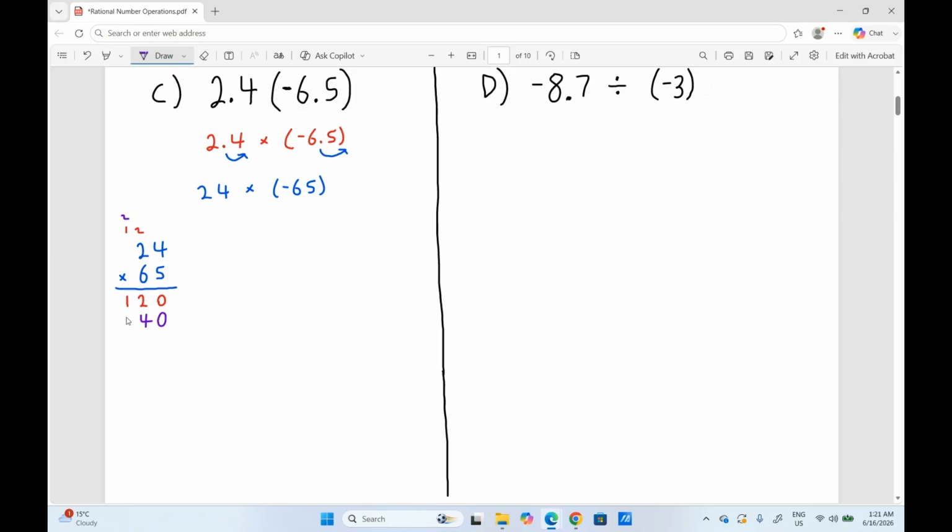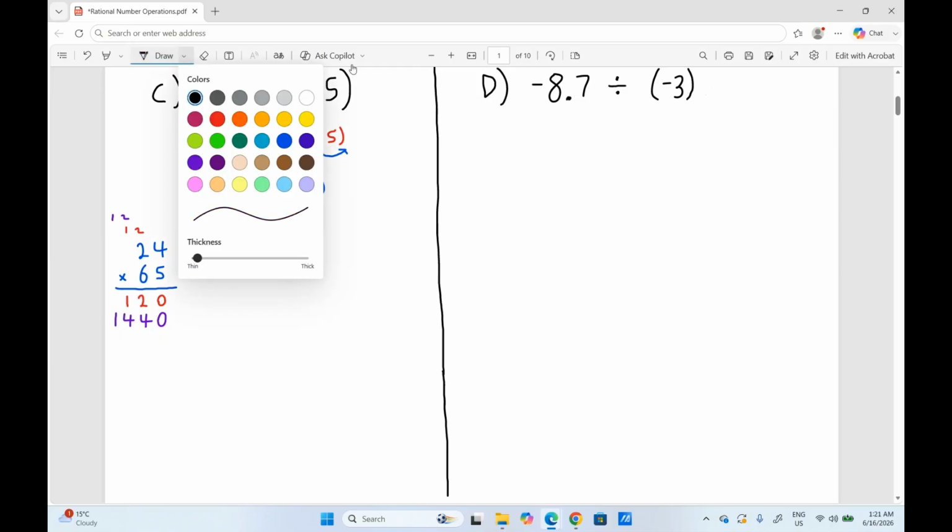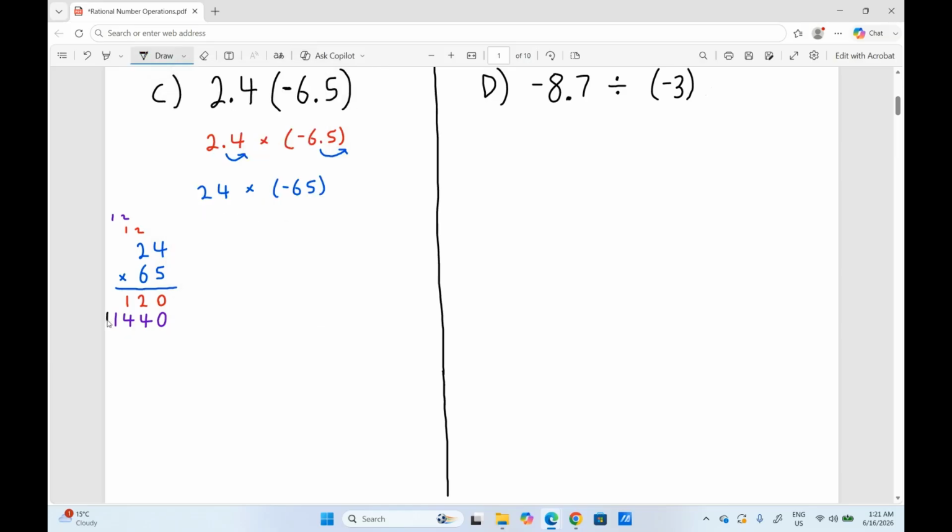Add the 2. That should be 14. Okay. Now I'm going to add these numbers together. 0 plus 0, 0, 2 plus 4, 6, 1 plus 4, 5, 1 plus 0 is 1. So I got this number here, 1,560.